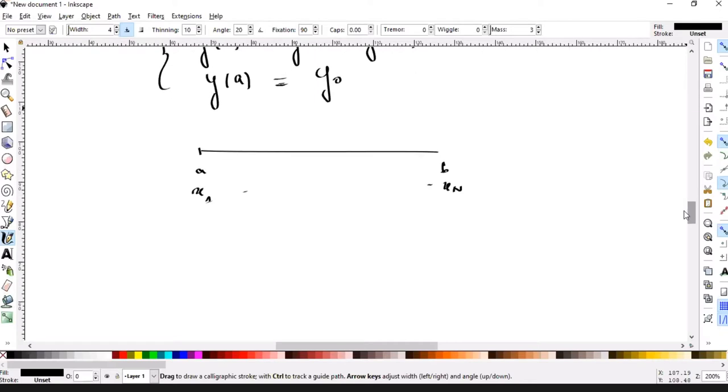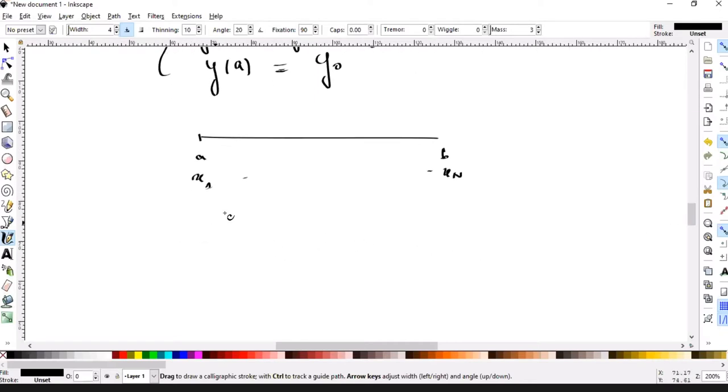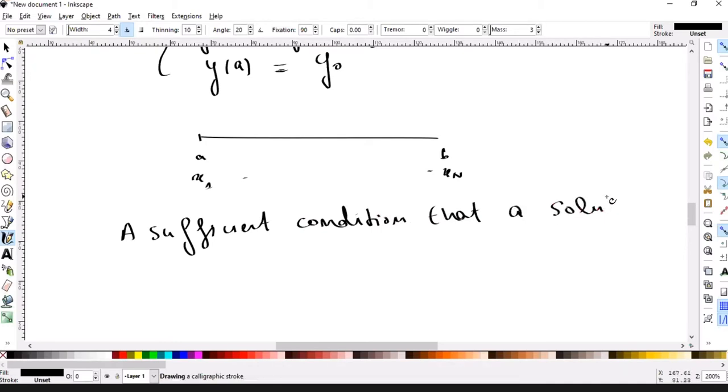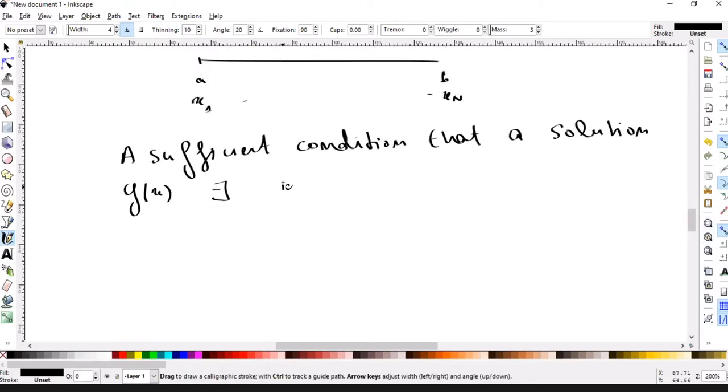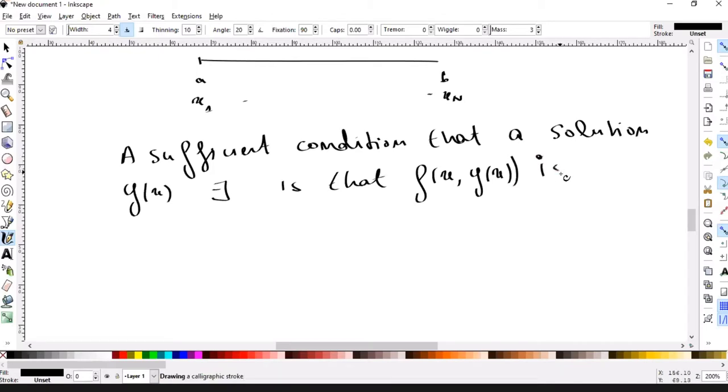So a sufficient condition that a solution for this problem exists is that f of x, y of x is a Lipschitz function with respect to its second variable y.